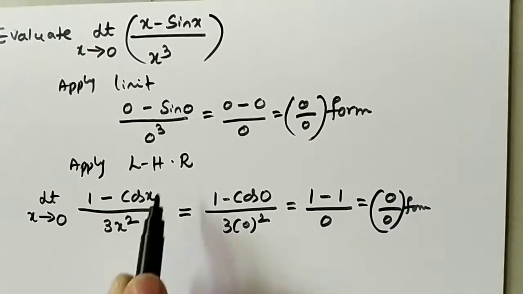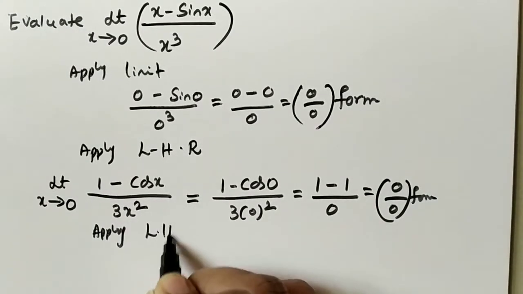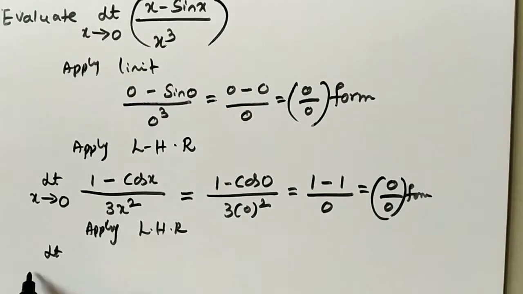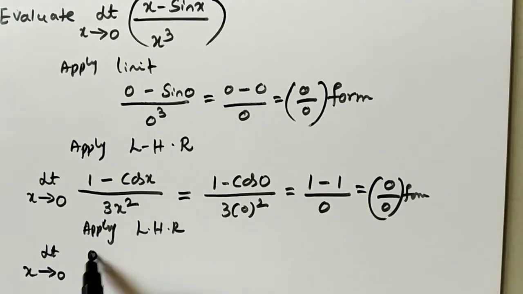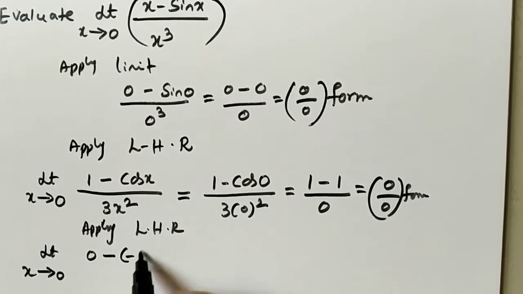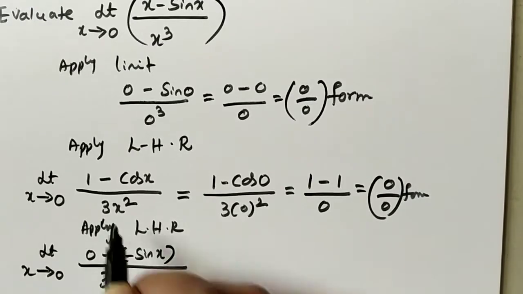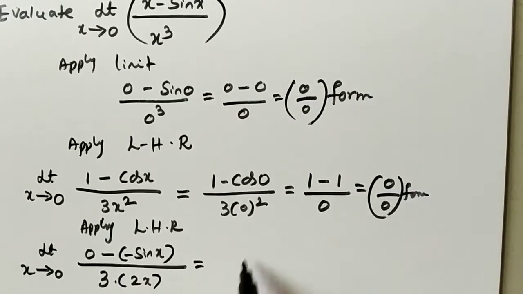So we have to apply L'Hospital rule again: differentiate, limit x tends to 0. The derivative of 1 is 0, minus cos x differentiation is minus sin x, by 3 into x square differentiation, which is 2x. Simplifying, minus into minus is plus.